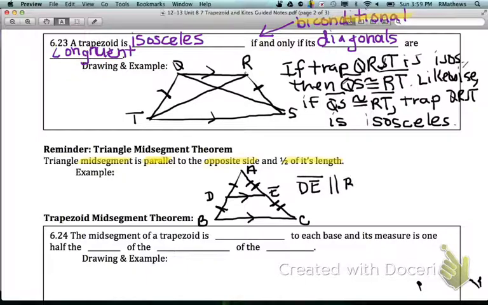So DE is parallel to BC, and DE equals half of BC. We did this, I think, in January, back at the beginning of the year. We worked on this material, so hopefully that is familiar to you, and we're going to use that as we go into the trapezoid mid-segment theorem because they're very similar.